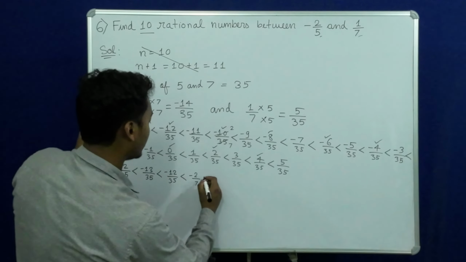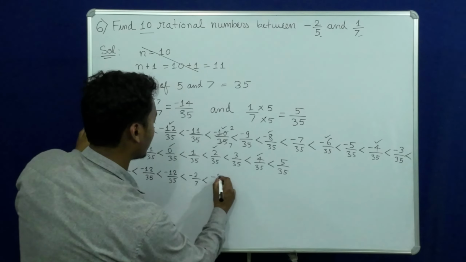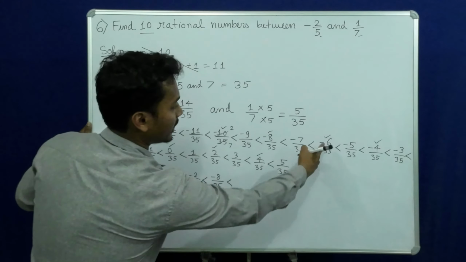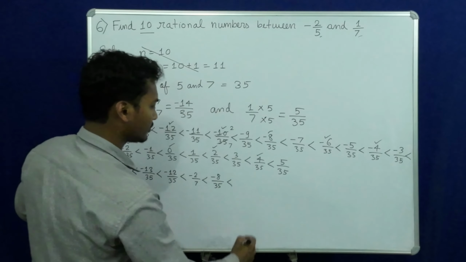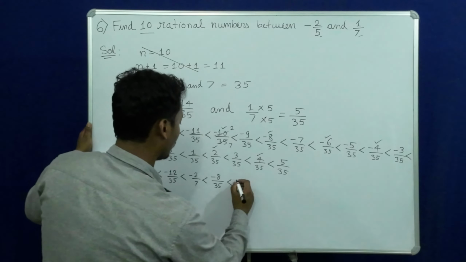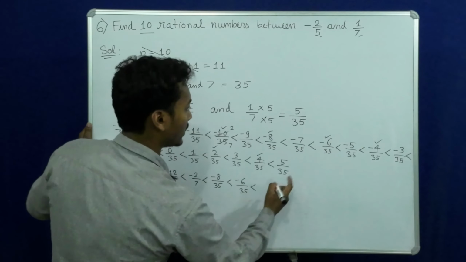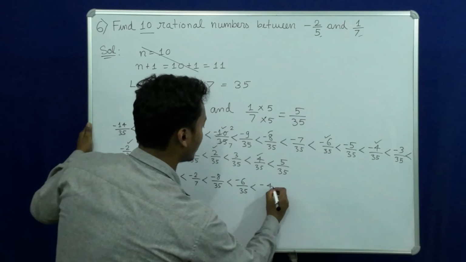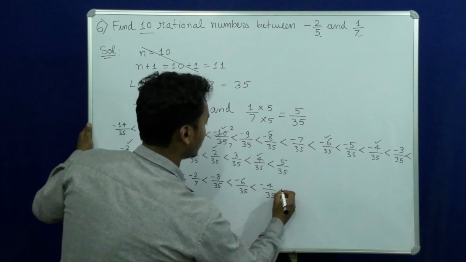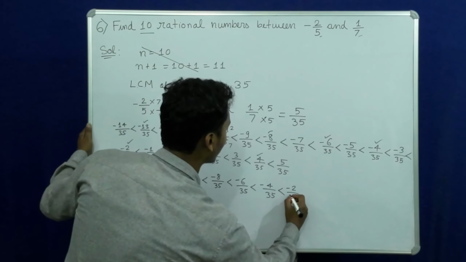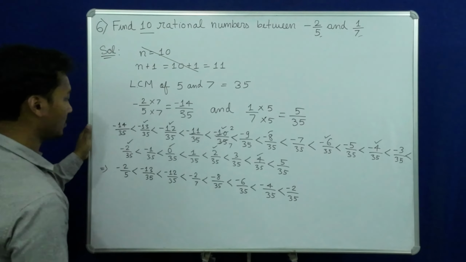Then we are taking negative 8 by 35. Cannot simplify, so leave it like this. Then we are taking negative 6 by 35. Can we simplify? No. So let it be like this. Less than negative 4 by 35 cannot be simplified, so leave it like this. Less than negative 2 by 35, we cannot simplify, so leave it like this. 0 by 35.